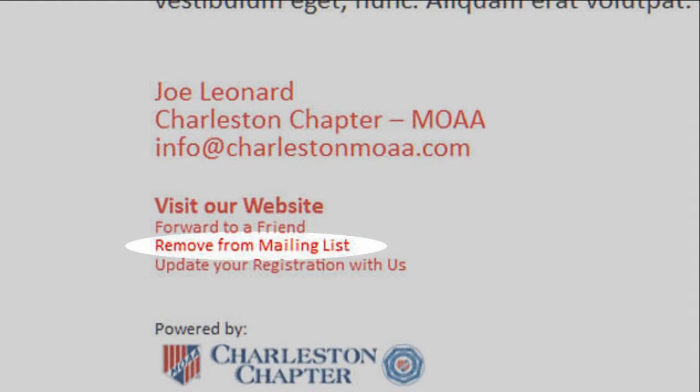Should the recipient click on Remove from Mailing List, they will be redirected to a page where they can request that their email be removed from our registration database. And if they click on the link Update your registration with us, they will be redirected to a page on your website where they can review and update their registration information.